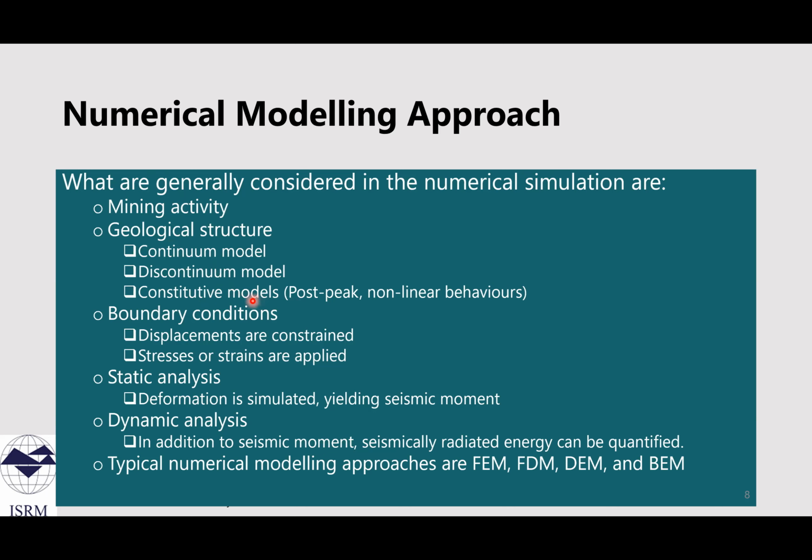Using the model, we performed the static analysis, and then we simulated the sequential mining activities. Based on the results, we computed the fault slip potential, and this figure shows it. From this figure, we can find that this fault slip potential is always negative, in spite of the mining activities.